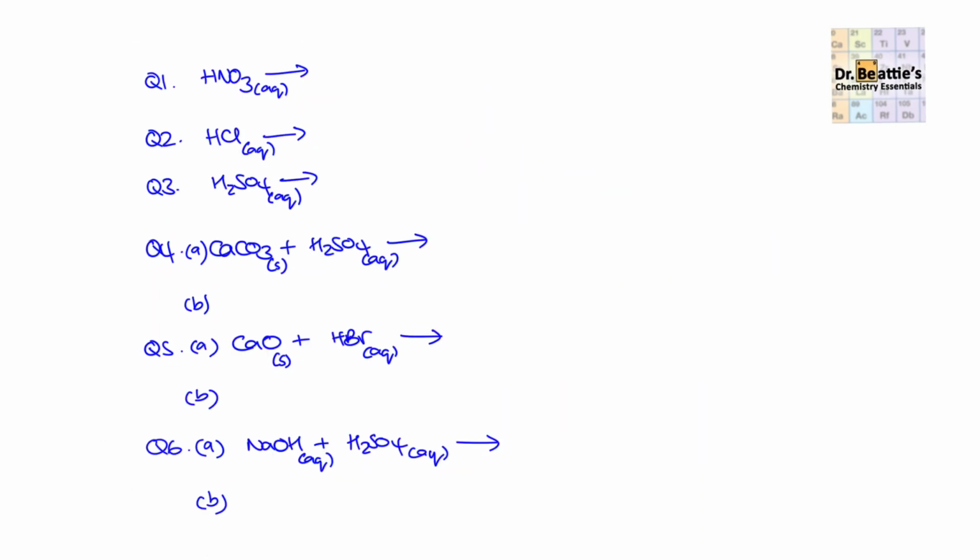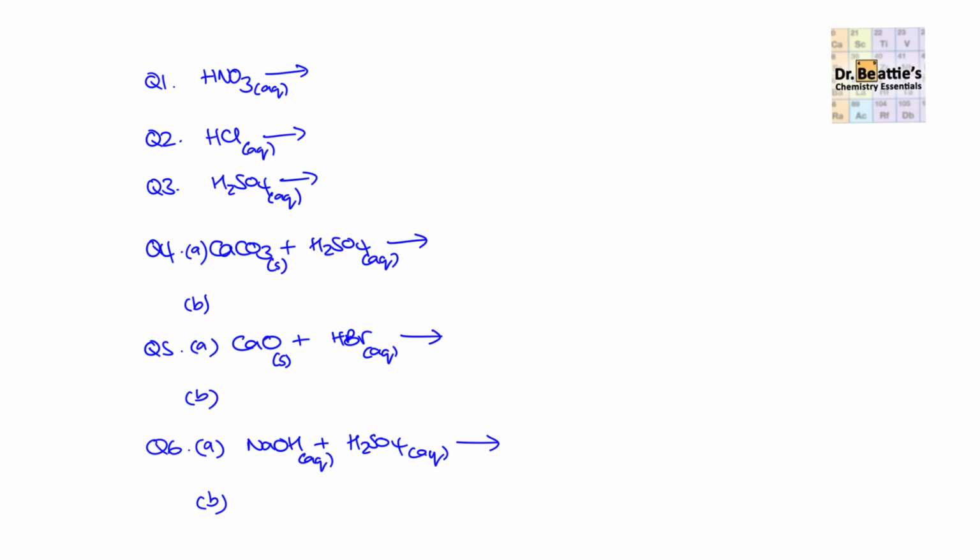Okay, so before we look at conjugate acid and base pairs, what I want you to do is do these questions here. Just quickly, 1 to 3 is to draw the ionized products when you add each of these acids to an aqueous solution. And then for questions 4, 5, and 6, for part A, complete the symbol equation and the products for each of these reactions of acids.